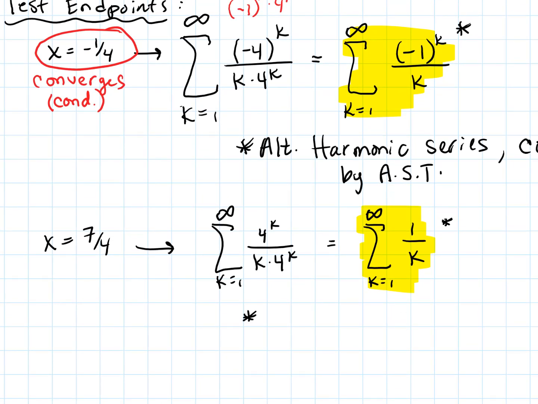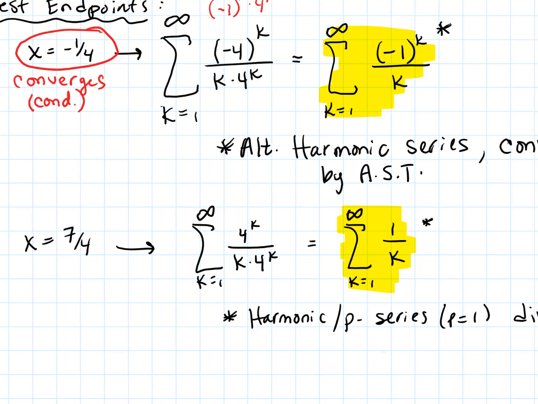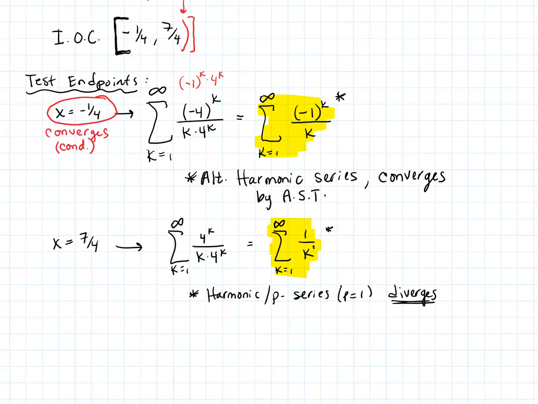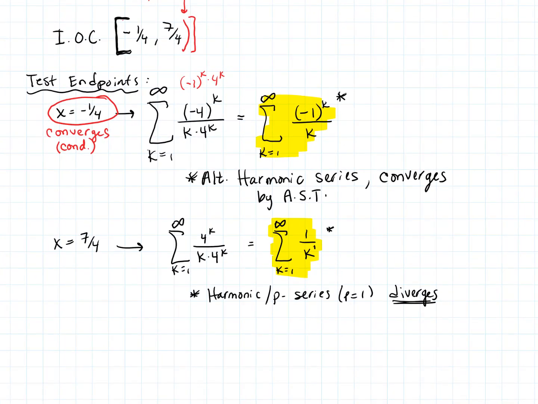However you want to justify it, whether you call it the harmonic series or the p series with p equals 1, this diverges. This absolutely will be diverging. And so, therefore, we have divergence. We cannot include this point. It diverges at that endpoint.